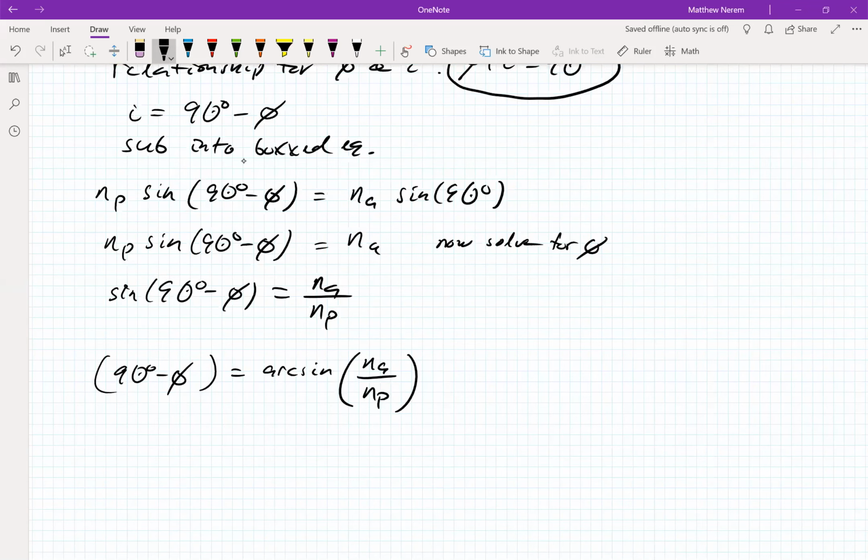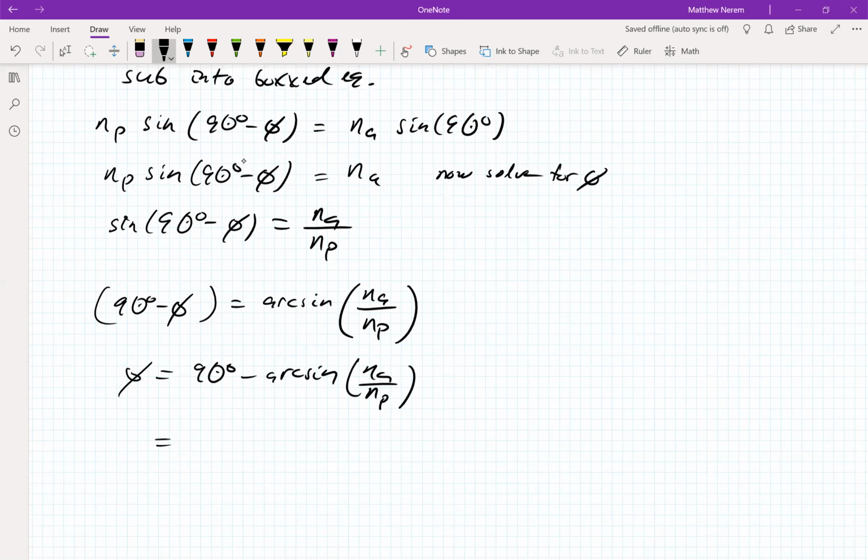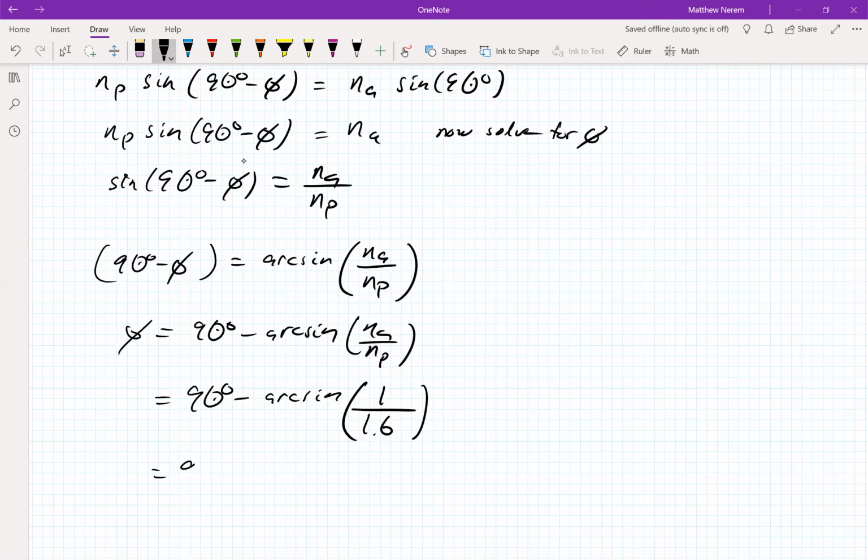Add phi across, subtract the arc sine. Phi is equal to 90 degrees minus arc sine of NA over NP. Plug in some values. NA was 1. The pipe was 1.6. So it'll be 90 degrees minus, I got 38.7 degrees.